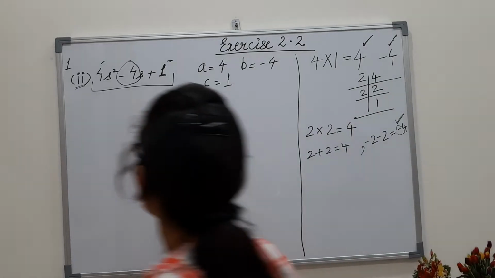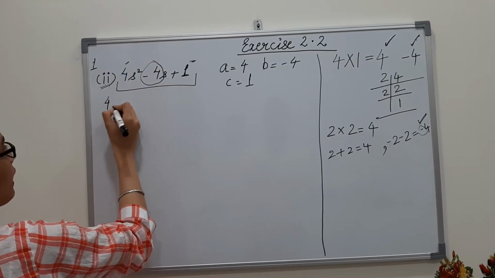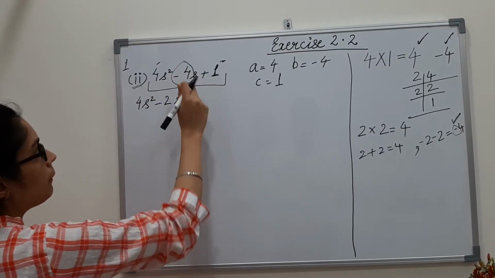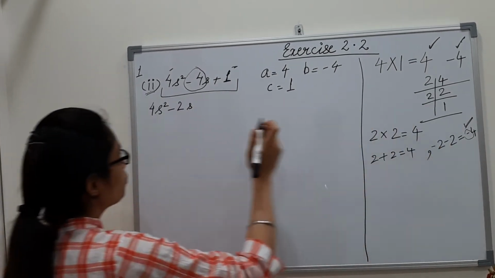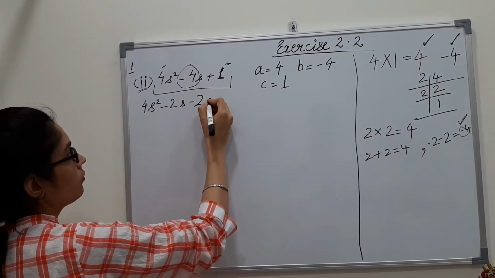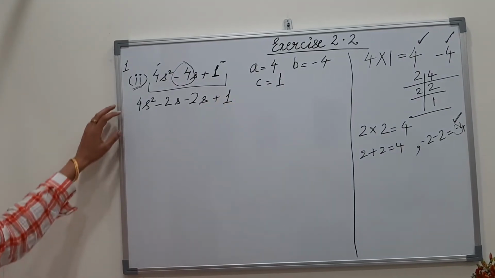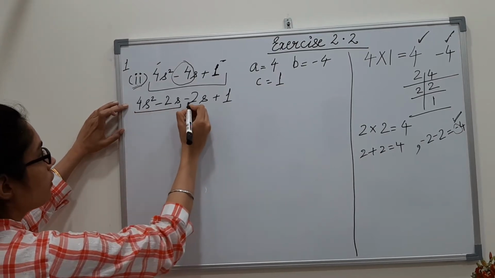So let's put the value of minus 4 over here. I will write it as 4s square minus 2s minus 2s plus 1, because I am splitting minus 4 into minus 2 and minus 2. Now we have to take common.